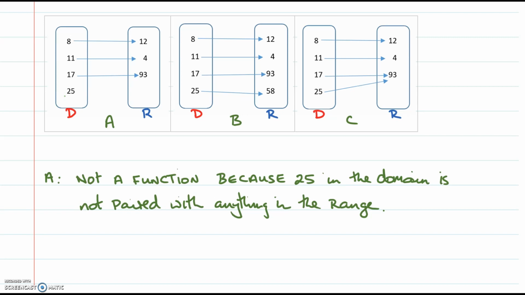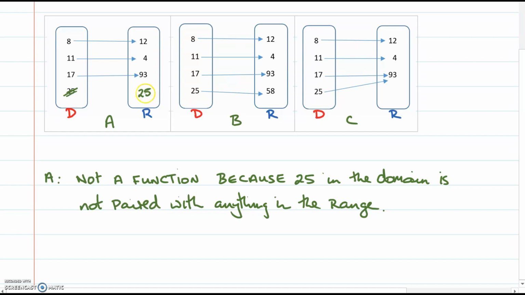Now, in this example, we have a free element, an unmatched element in the domain, which means it's not a function. If the free element, however, was in the range, so let's say we had the 25 over here, and this is now a different question, we've changed the question a little bit. If we had a 25 over here in the range, and it wasn't paired, we would still have a function.